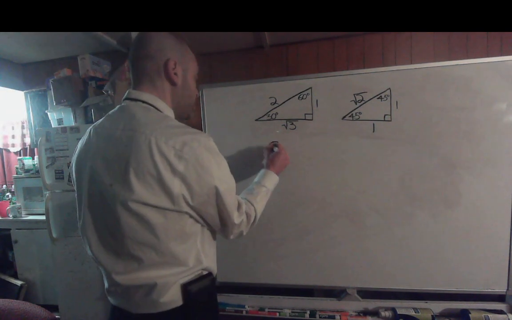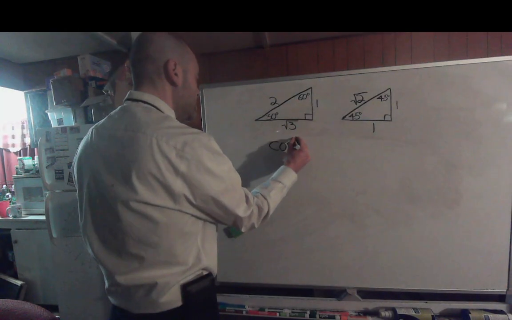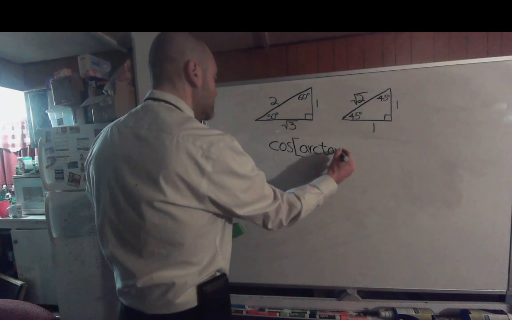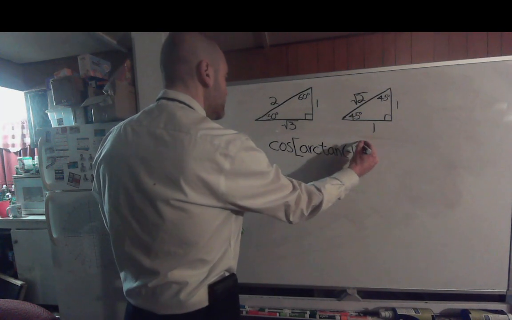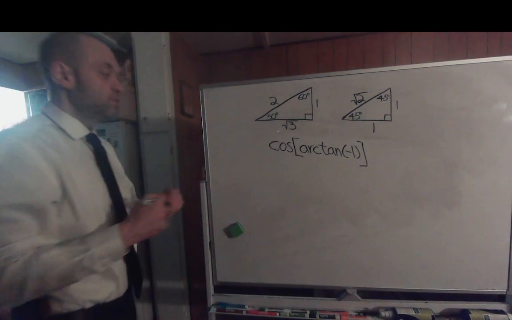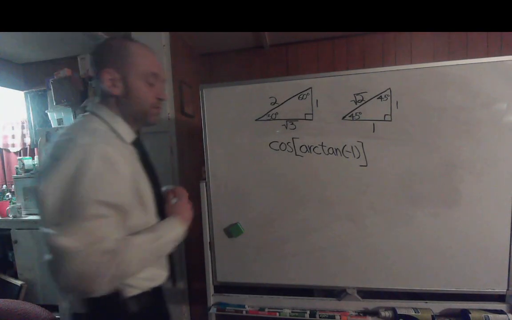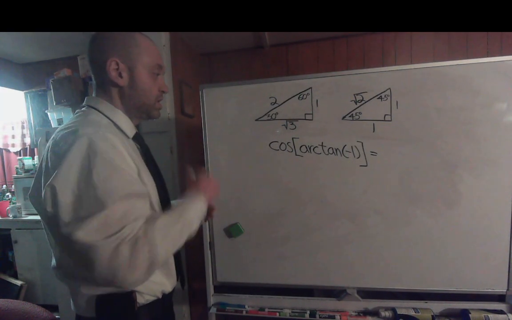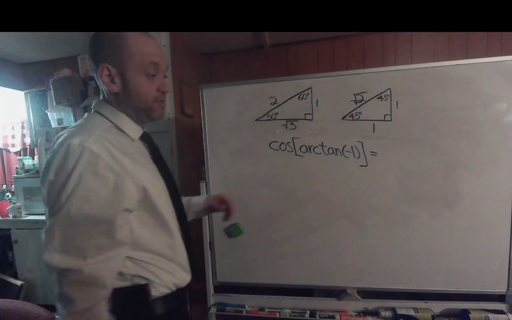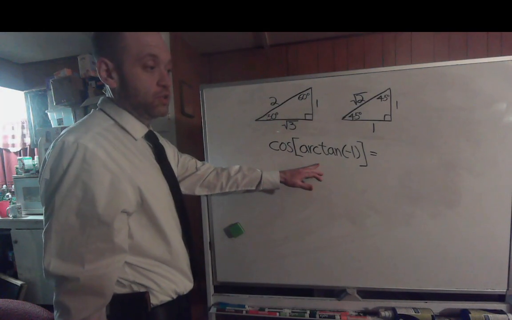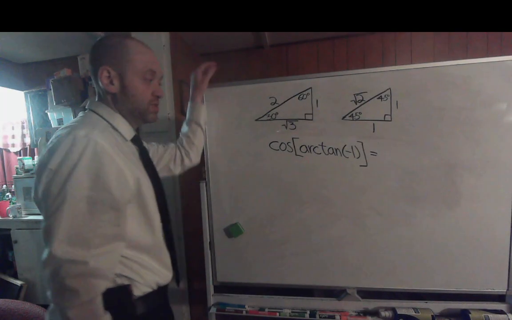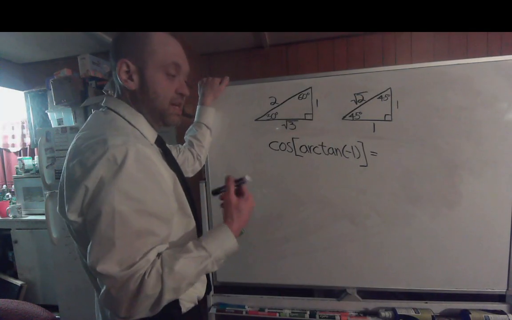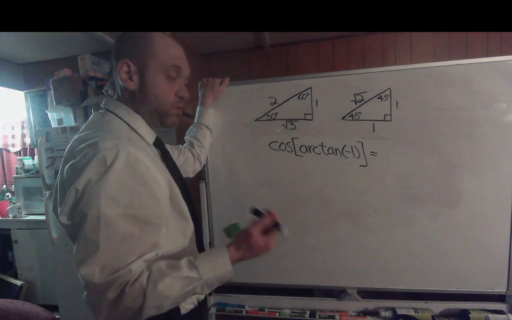Now, what about cosine of the arc tangent of negative 1? So we're going to take the cosine of the arc tangent of negative 1. What is the range of the arc tangent function? That's going to be from negative pi over 2 non-inclusive to pi over 2 non-inclusive. Well, if it's an arc tangent of a negative number, we're going to be in the fourth quadrant.